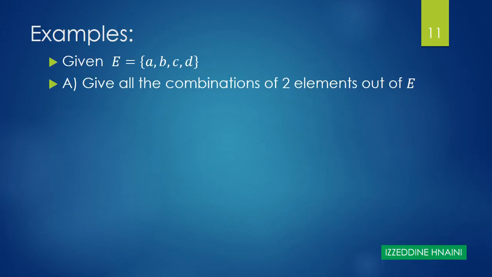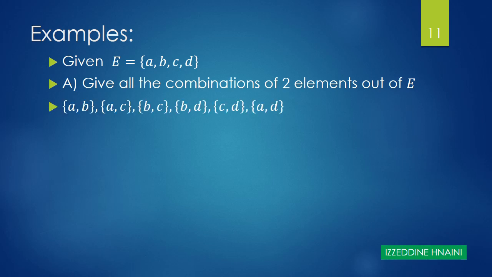For example, give all the subsets of 2 elements of E. We may have AB, AC, BC, BD, CD, and AD.